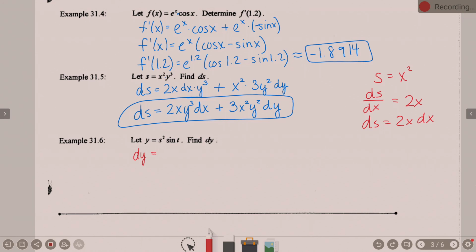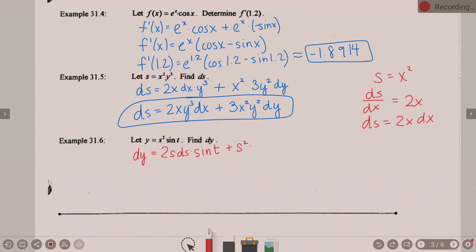Okay, s squared sine t. Take the derivative of the first term, so the derivative of s squared is 2s. Since we're working with differentials, I'm going to say times ds. And then we're going to keep the sine of t. It's product rule, so we're going to say plus. This time we're going to keep the s squared.